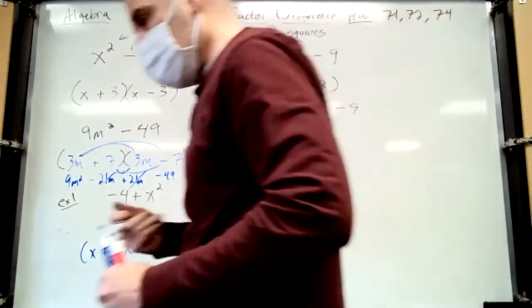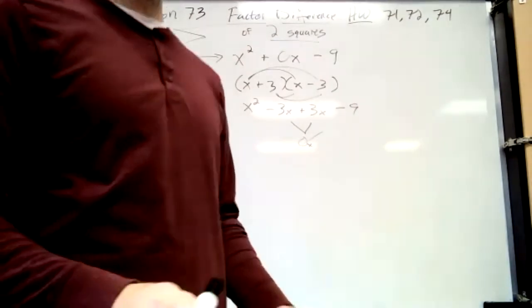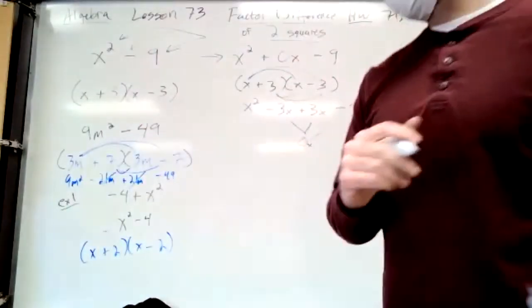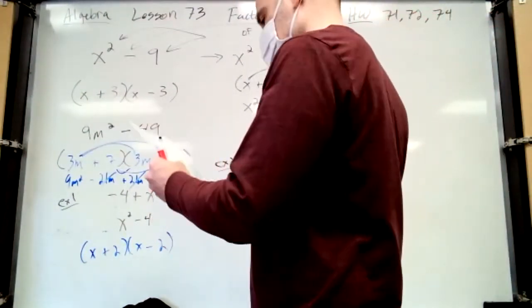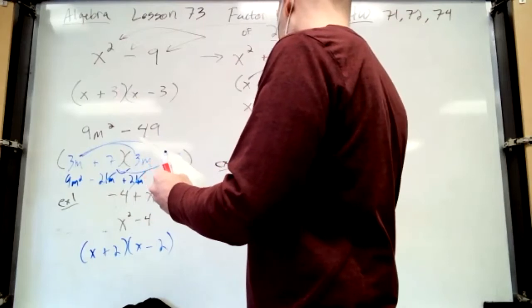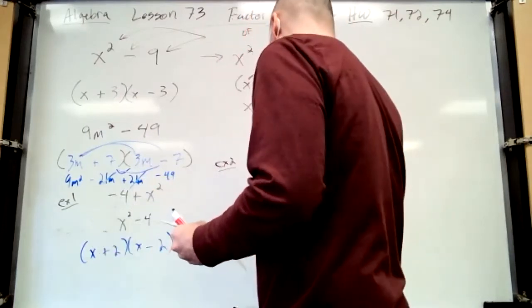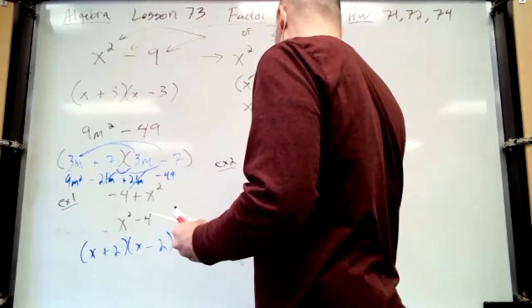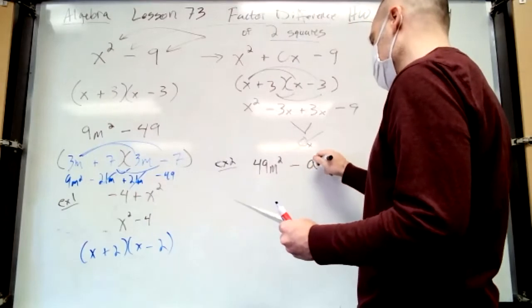All right, we're going to try 3 more problems. Okay, you guys need to practice this. Example 2: 49m squared minus a squared.